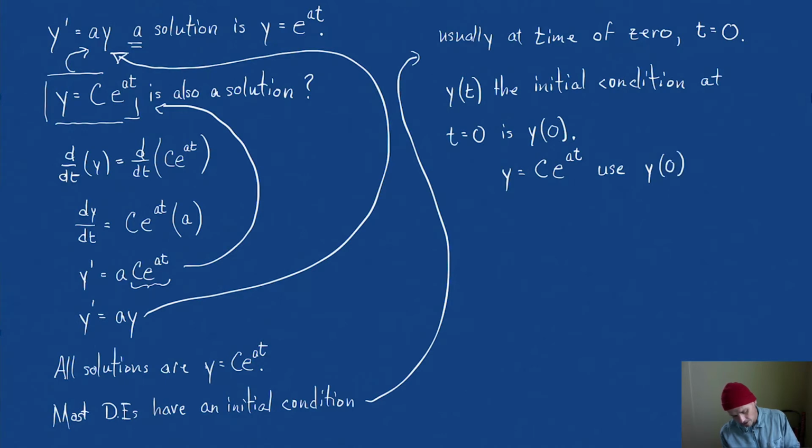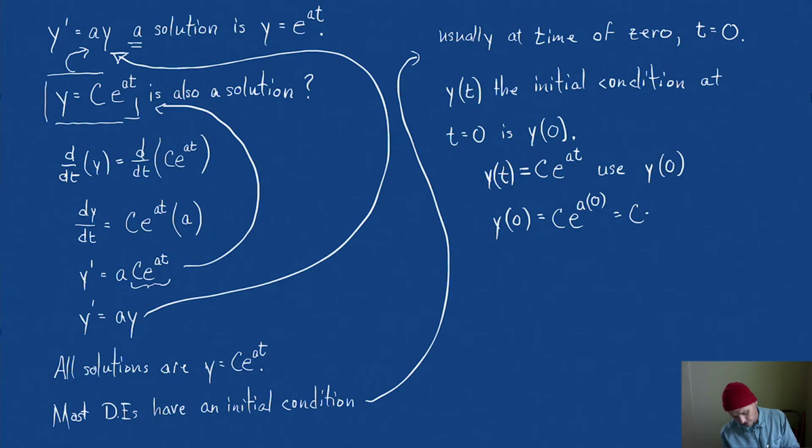Well, what that means is we take our equation. This is y of t equals, so now, well, y of 0 equals c times e raised to the a, and now we're plugging in the 0. Well, that is going to just be c times e to the 0.